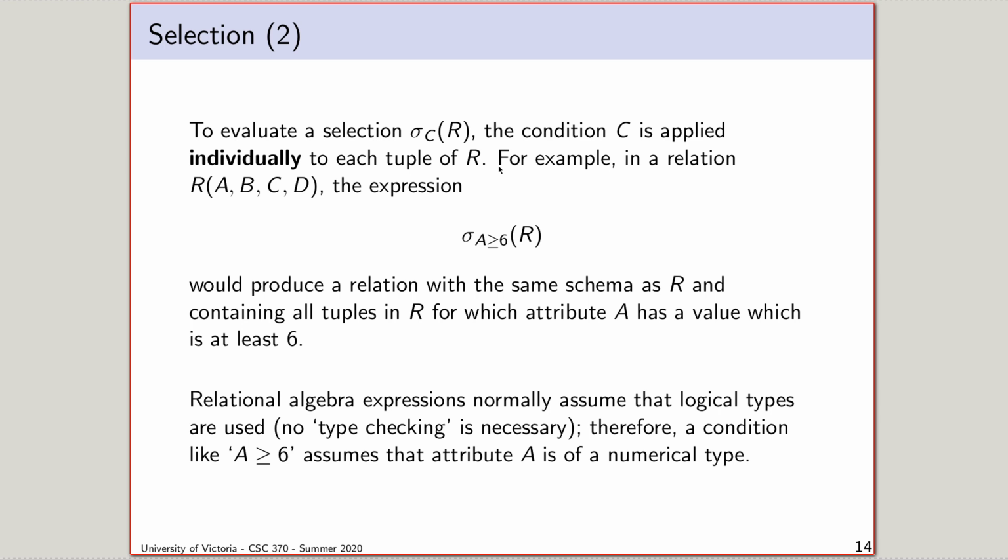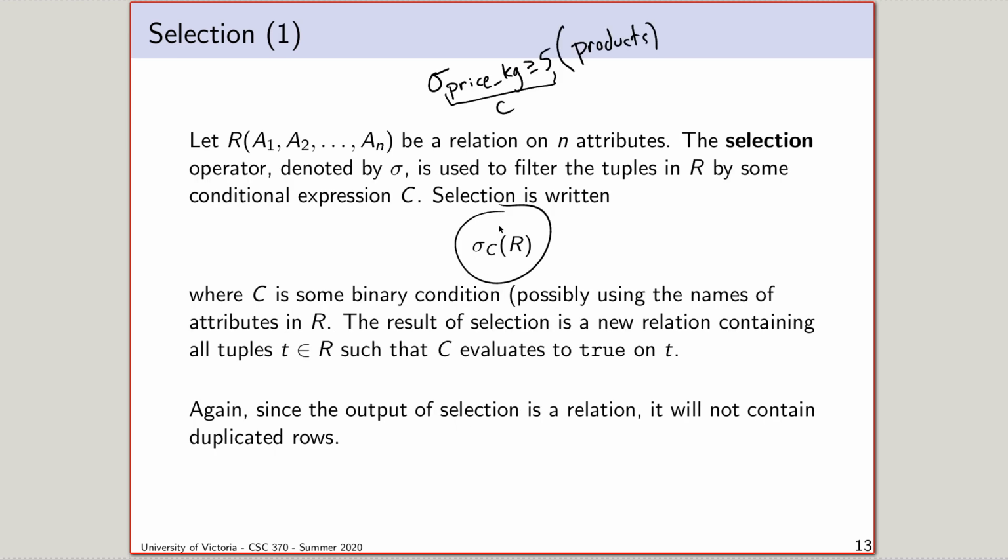So another thing we have to understand is that this condition that I'm stating is a condition that can only be stated in terms of a single tuple. So I'm not allowed to ask questions about all products in my example from earlier. What I'm allowed to use in my conditional expression are only things that I could apply in a vacuum to a single row of the table.